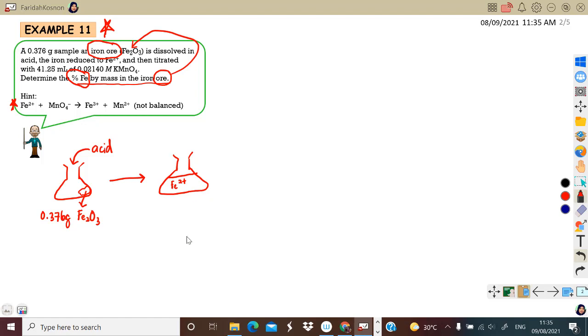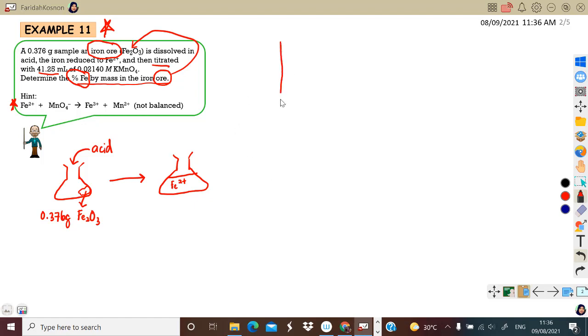Right? Okay, so settled. And now, if you refer to the question, okay, what happened? Titration telah dilakukan. Then, this iron 2 plus is then titrated with 41.2 milliliter 0.0214 molar potassium permanganate. Okay, so bila kita bercakap pasal titration, you should recall what are the apparatus must be used in the titration.